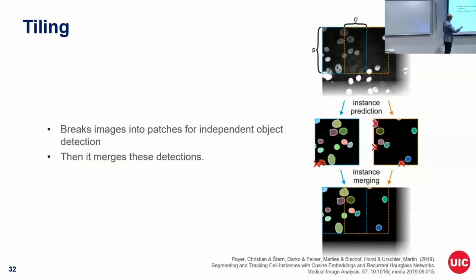Once you find, in the smaller boxes, whether an object of interest is there or not, you figure out how to merge all these predictions so that you have the objects of interest in the full image. It's like divide and conquer. You pick each part, find the objects of interest, and then somehow merge them together. That's the key idea here.